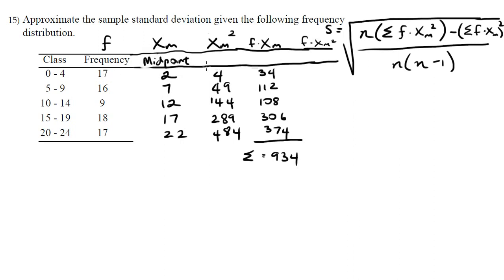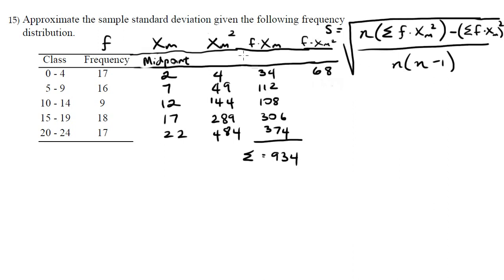So I've got 17 times 4. That should be 68. 16 times 49. That's 2384. Let me double check that. Nope. Didn't sound right when I wrote it.